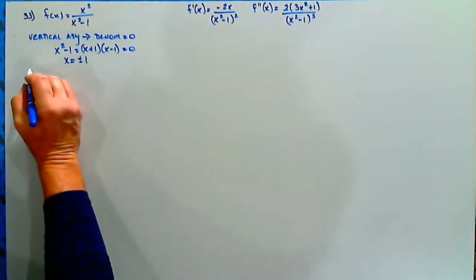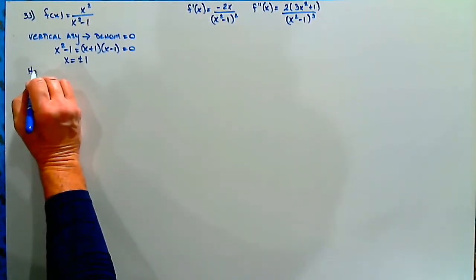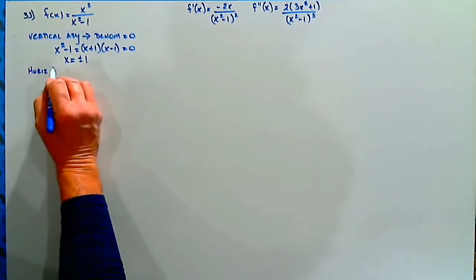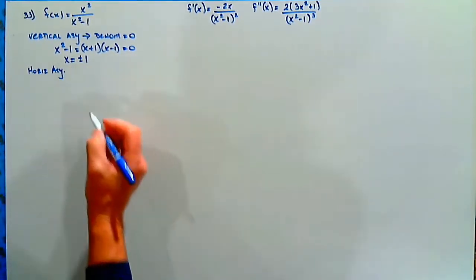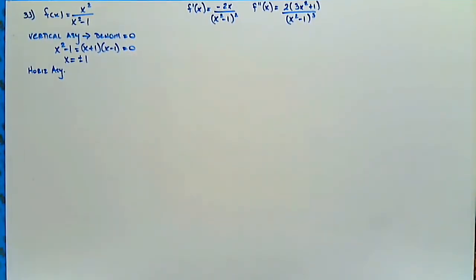They also want us to find horizontal asymptotes, right? Well, again, we don't have to break out any calculus here. We know how to find horizontal asymptotes with calculus. We take the limit as x goes to infinity. We take the limit as x goes to negative infinity.